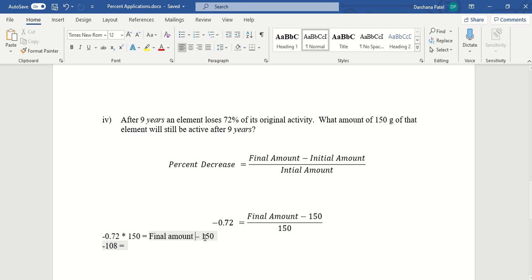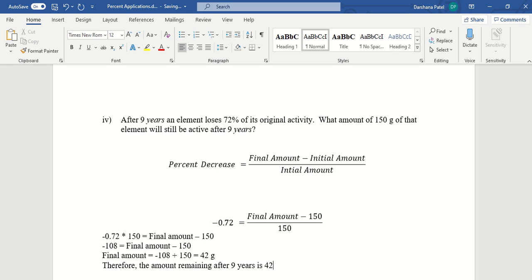So final amount equals negative 108 plus 150, which ends up being 42 grams. So then we can say, therefore, the amount remaining after 9 years is 42 grams. Okay.